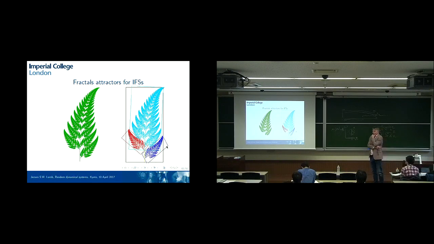Is there any limit to what I can do? This is a fractal image, and it looks like a leaf. So it could be that maybe it was a real leaf that looked like this. So the question: could I find the inverse? Could I make a program where I take a leaf and ask, does it look like a fractal? Which fractal? And can I actually generate it with such an iterative function system?